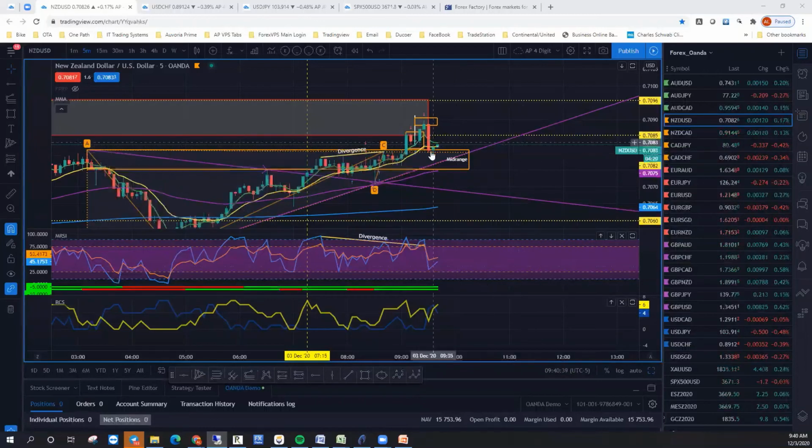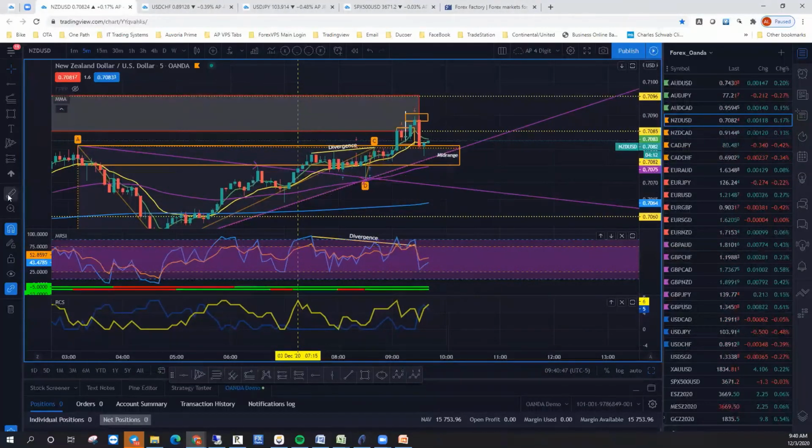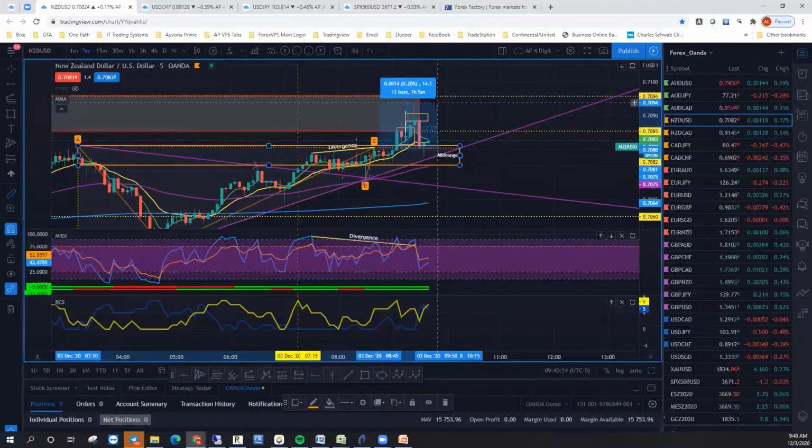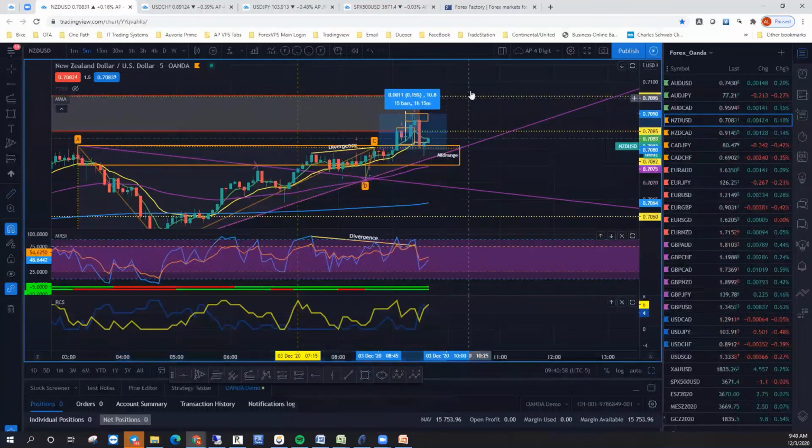This is a little bit stronger pullback. Came right back into where this whole thing started in the first place. And this whole move is basically from the breakout to where we had this divergence here, where it broke out up to the top of the high, which was right about here. That was basically 10 pips. Now it's coming back to take another shot at it, looks like.